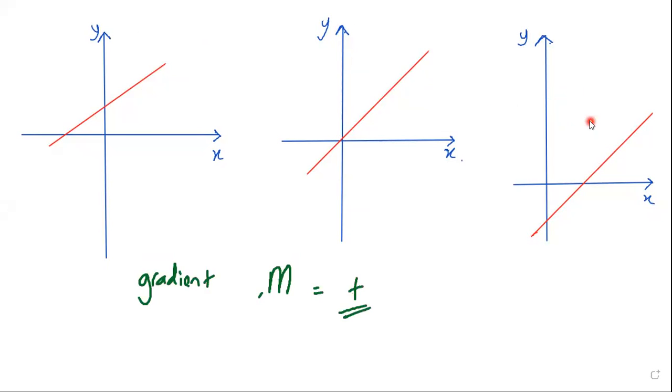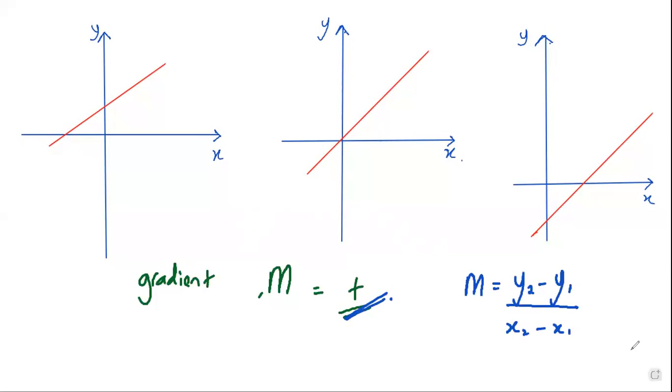So when we calculate the gradient of any one of these graphs, we use the formula m equals y2 minus y1 over x2 minus x1. We will get a positive value. As I said, all these three graphs show that the gradient will be a positive value.